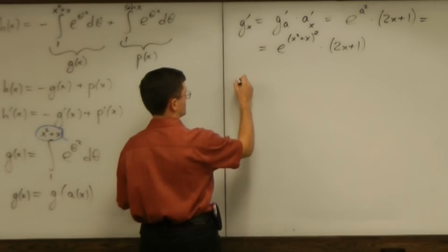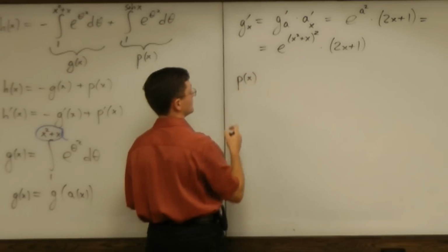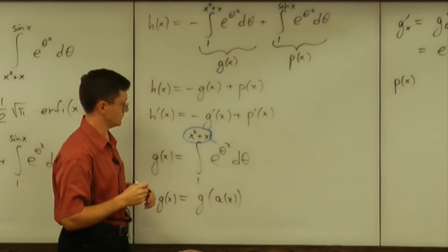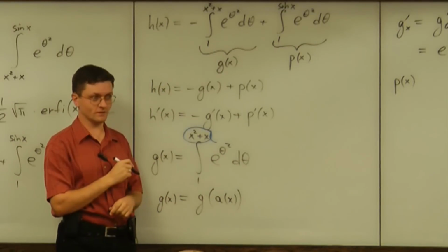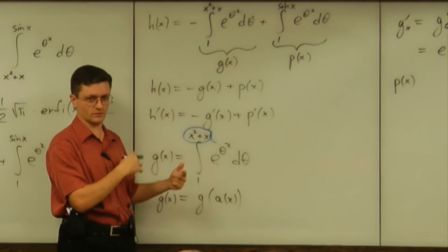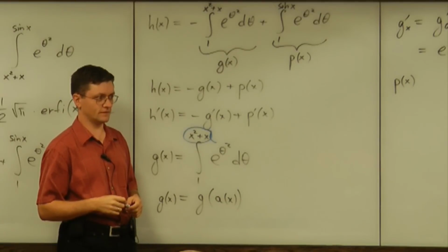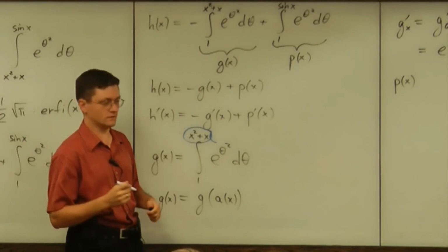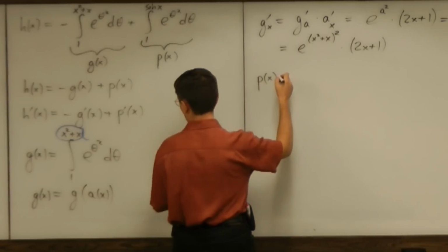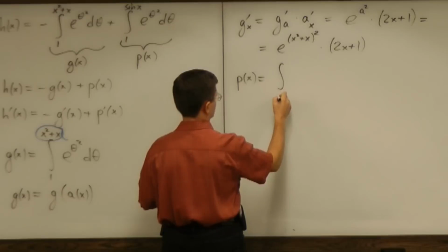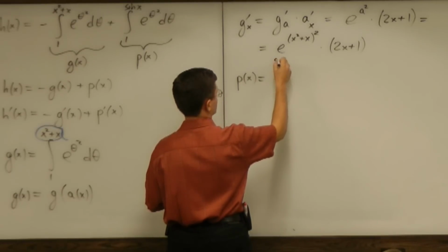So let me find the derivative of p now. If you have any questions about the derivative of g? The derivative of p is just an analogous operation. For the derivative of p, I look at the function p as an integral from 1 to sine x.